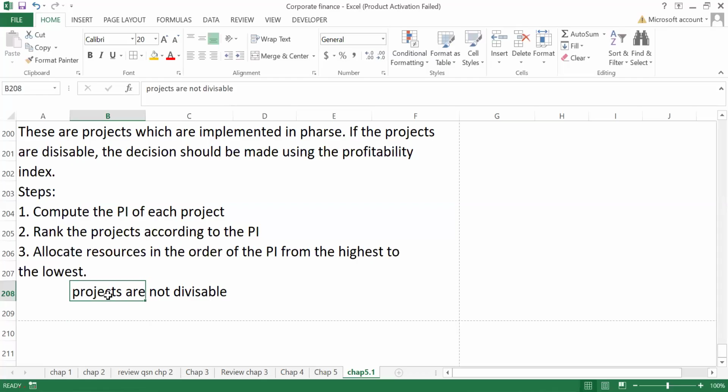It means you cannot implement the project in phases.